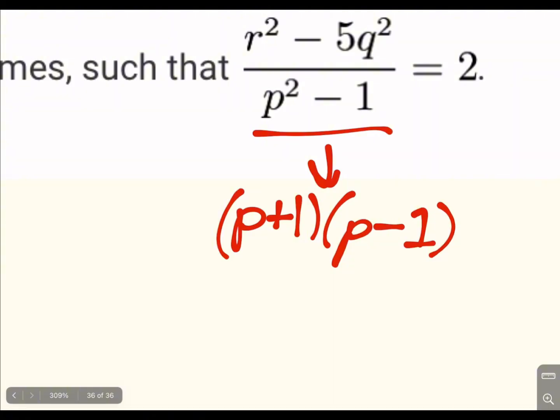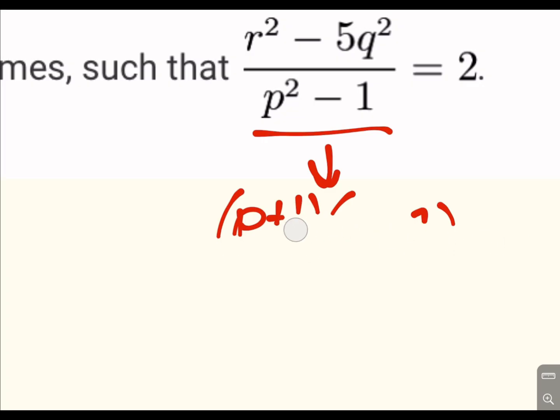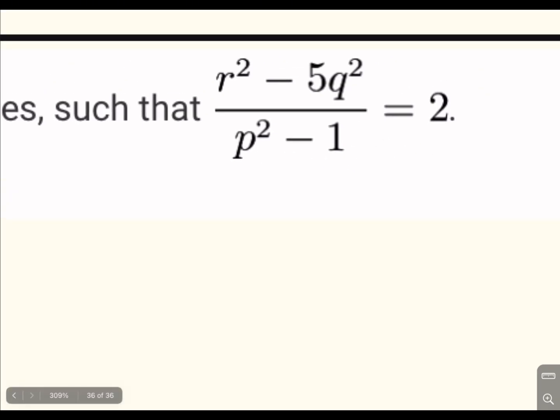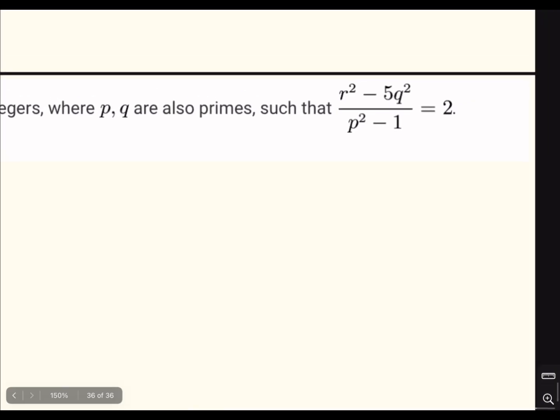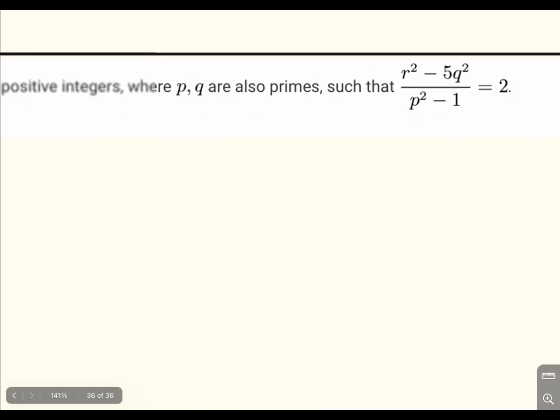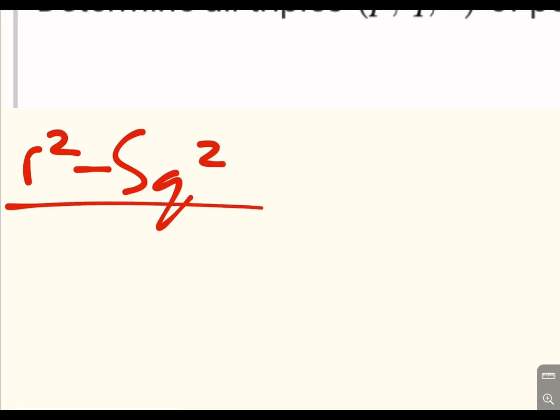But at least the official solution doesn't really go like that. In fact, we don't use the difference of squares at all. You see, the equation is rewritten. So we have r squared minus 5q squared over p squared minus 1 equals 2.